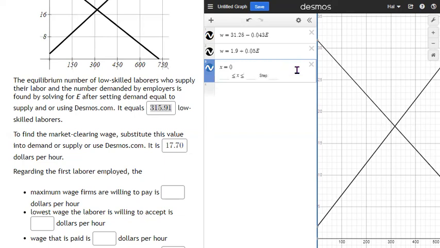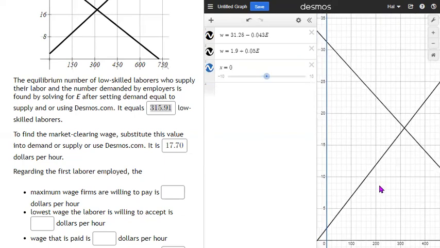Now, if I plug in X equals 0, I get the intercepts of 1.9 and the intercept of 31.28. You see that? Okay, so when I say X equals 0, that means E equals 0, right?